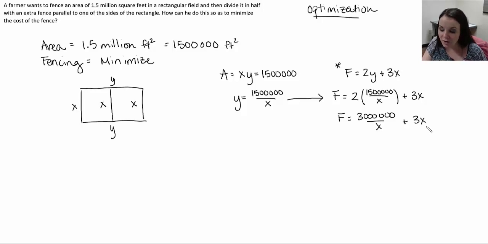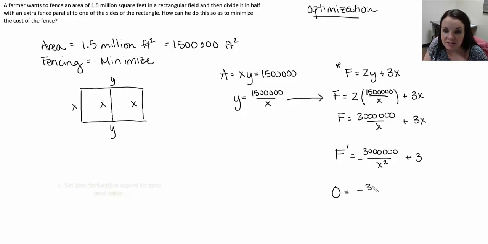And now we can go ahead and take the derivative. My F prime, the derivative of this, ends up being 3 million divided by X squared, but remember, that'll have a negative out front. And then we'll have our plus 3, because the derivative of 3X is 3. Now what happens in these optimization problems is I set the derivative equal to 0.